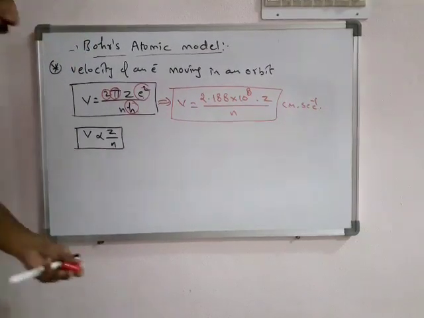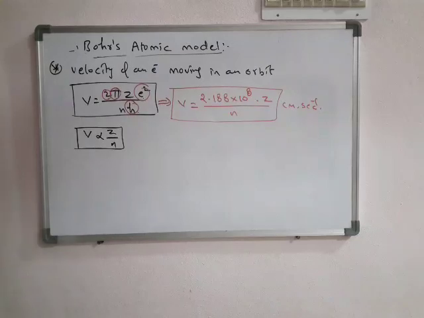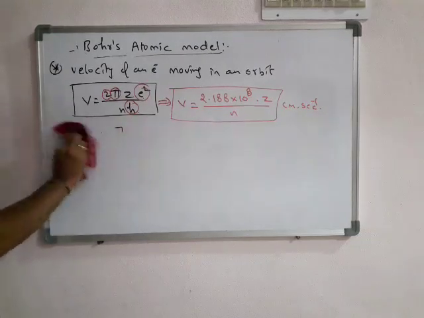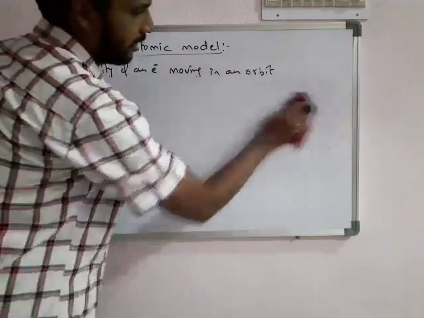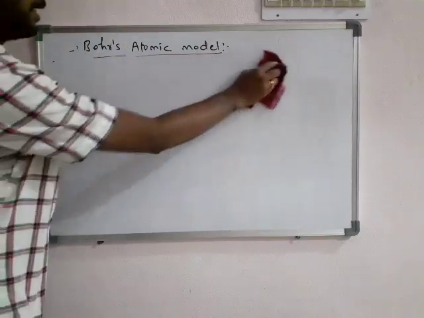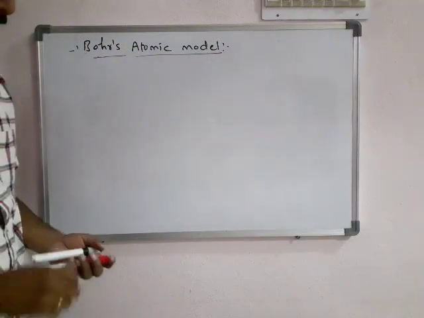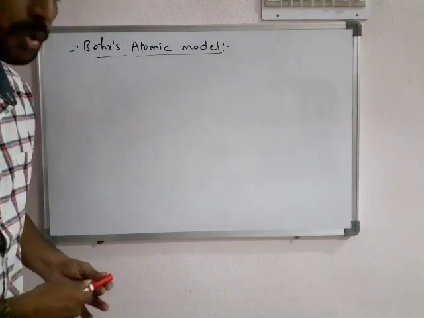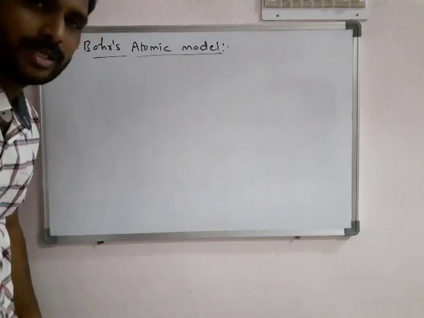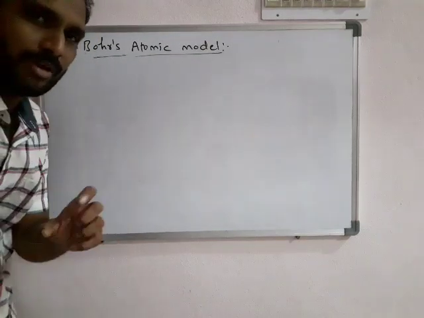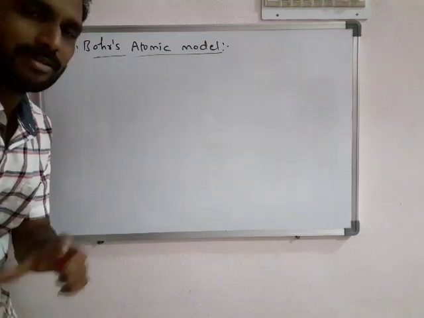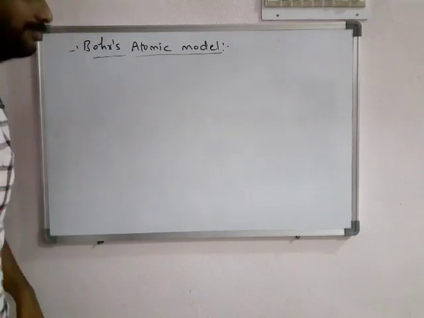Okay, so next, another important one. He also gave an expression for the Rydberg constant. Already we know the Rydberg constant in the Rydberg equation, which explains the wave number of spectral lines in the hydrogen spectrum.